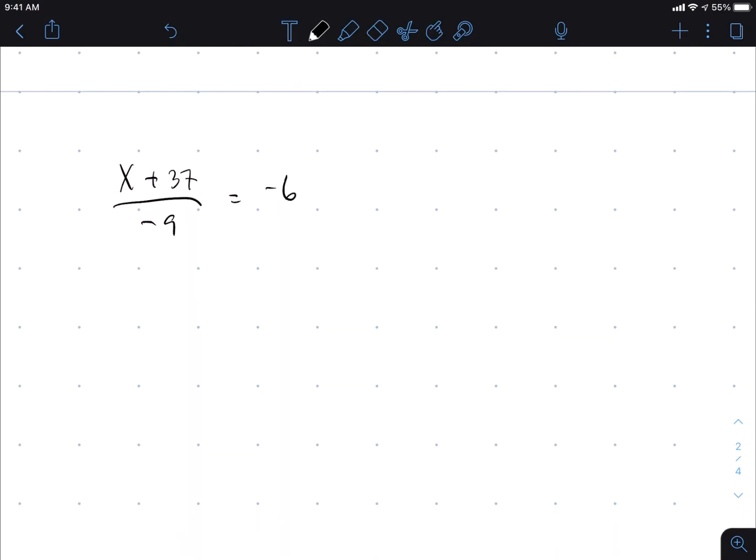okay, just so you guys have it, this is solving a multi-step equation given in fractional form. Oops, spelled fraction wrong.